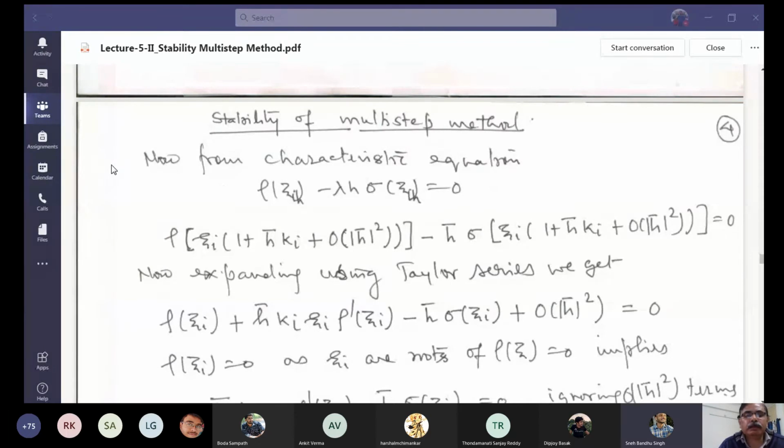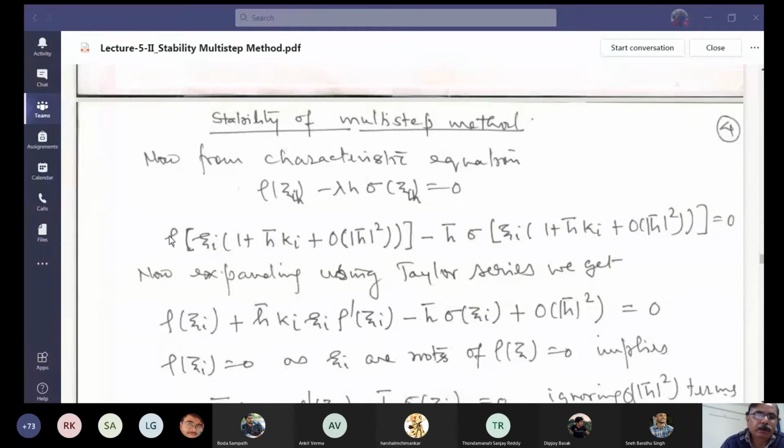Yes, sir. Okay. So xi i h is the root. So rho of xi i h minus lambda h sigma of xi i h equal to 0, where lambda h we will write as h bar. Now we'll write the xi i h value.